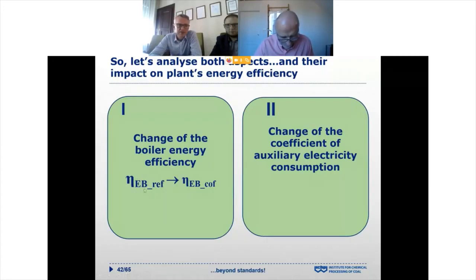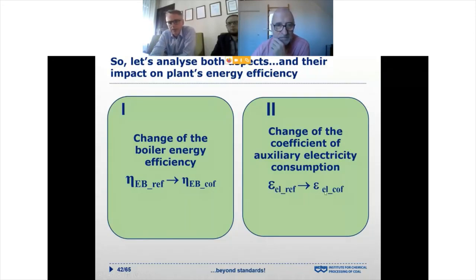The letter E stands for energy efficiency, and B is the boiler, for the reference case when we combust only coal, and the other case when we use biomass. COF means co-firing. So these two efficiencies will be used, and when we consider the auxiliary consumption, we take epsilon for the electricity consumption coefficient in the reference case when we combust only coal, and in the second case when we add biomass and perform biomass co-firing.